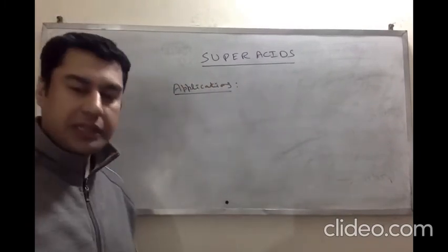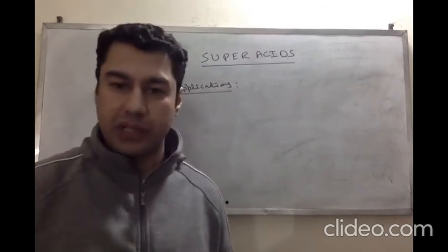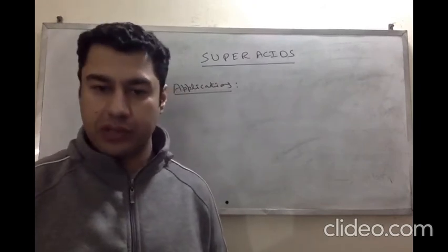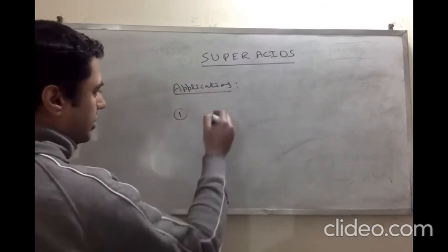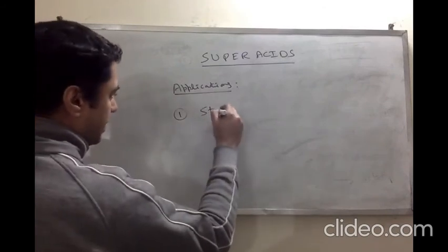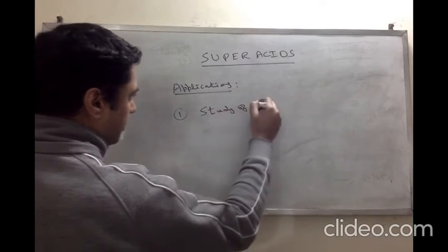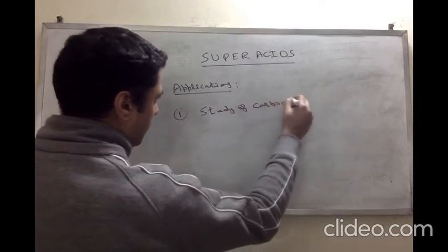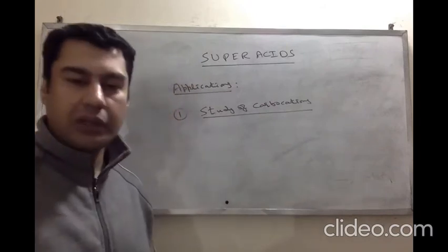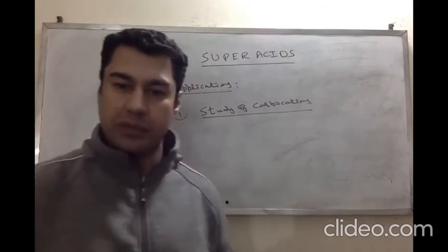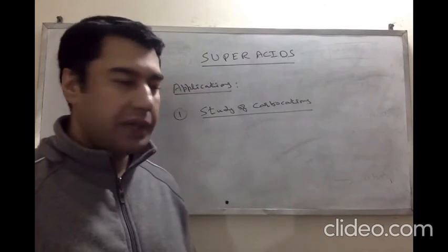Well, superacids have found applications in some very interesting areas, most of which are related to research work. And the first such application is study of carbocations. As we are very well aware, carbocations are inherently very unstable species and have very fleeting existence.